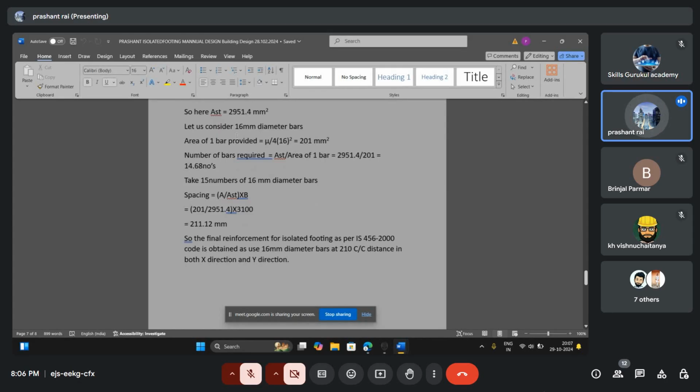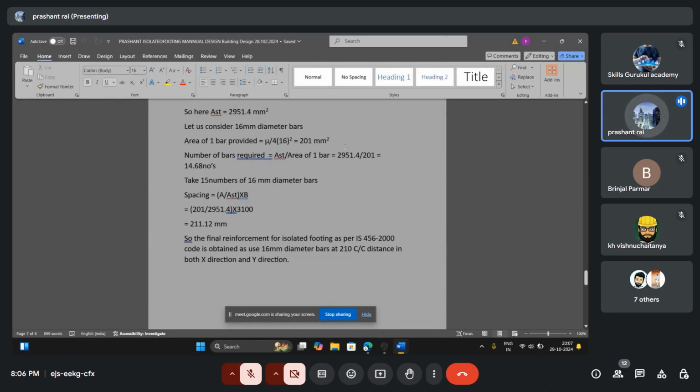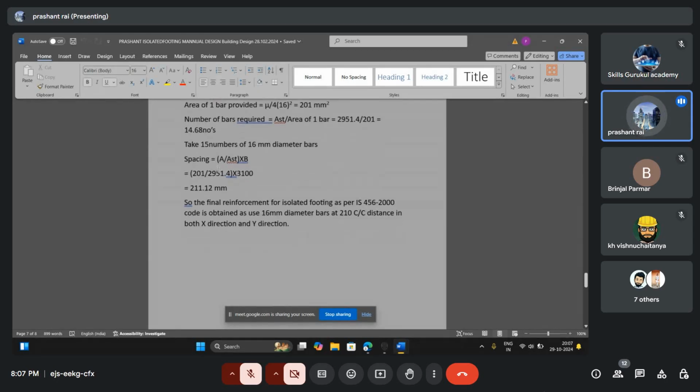Let us consider a 16 mm diameter bar for the footing reinforcement. The area of one bar is 201 mm square. So the number of bars required is 2951 divided by 201 for a 16 mm bar. So we got 14.68 bars, and taking a round figure, we calculate 15 steel bars of 16 mm diameter.